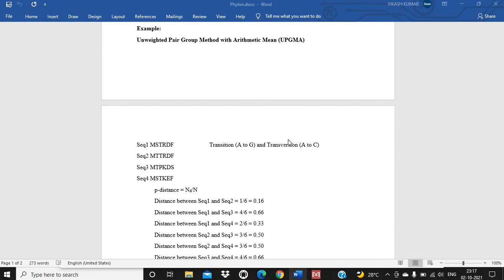But when a purine converts into a pyrimidine, like adenine to cytosine, it comes under transversion. When these changes happen, the codon will change, and you know that a codon has 3 letters, and each codon represents an amino acid, so the amino acid will also change. So all these differences basically denote the genetic differences.